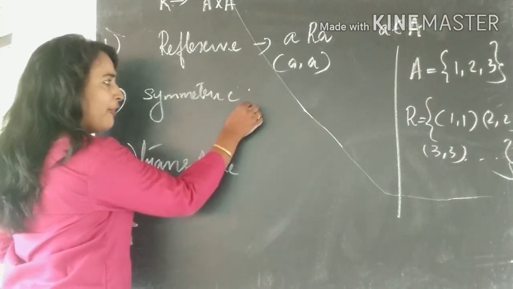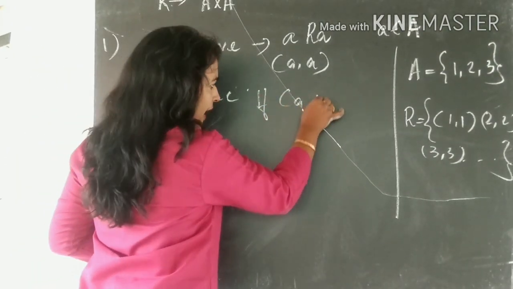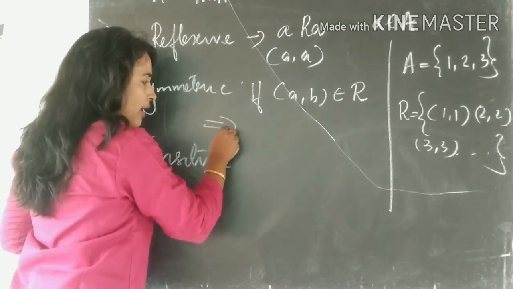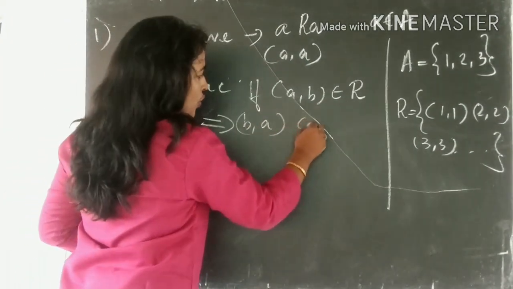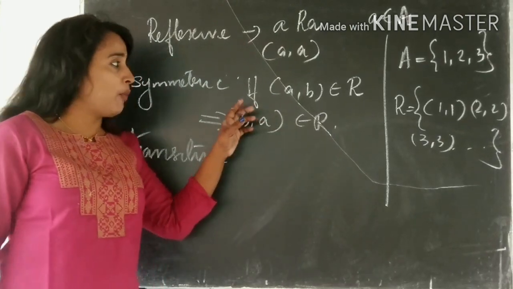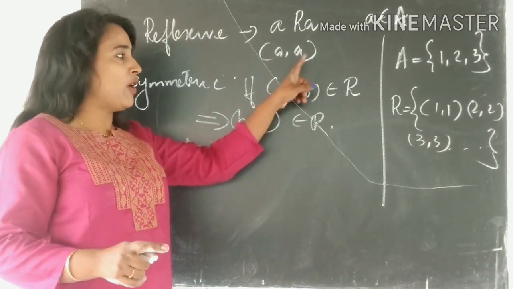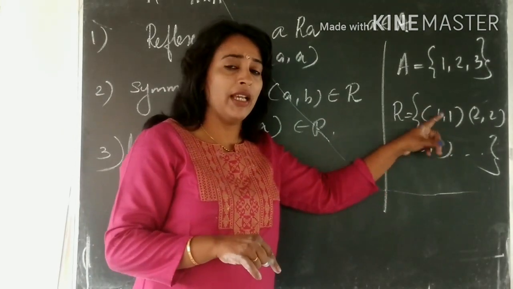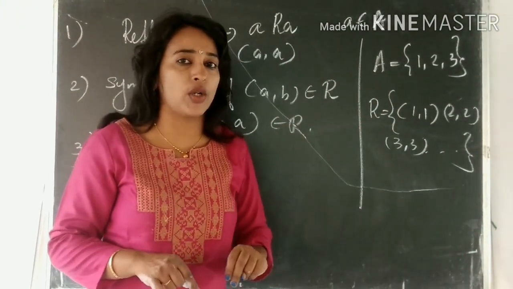Now we move to the second one, symmetric. Symmetric means if the ordered pair AB belongs to the set R, that implies BA belongs to R. See, I point on this. If AB belongs to R, then you have to check whether BA is there or not.